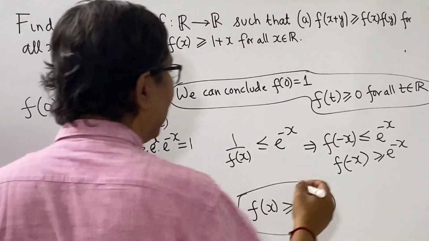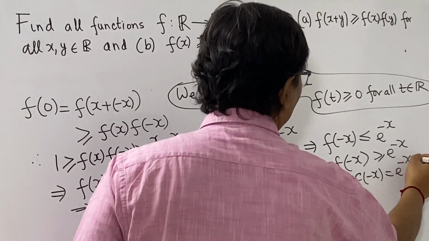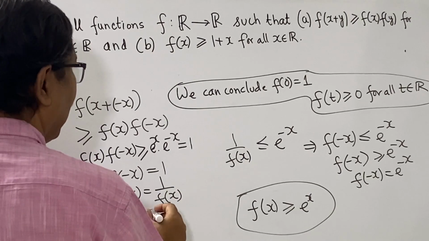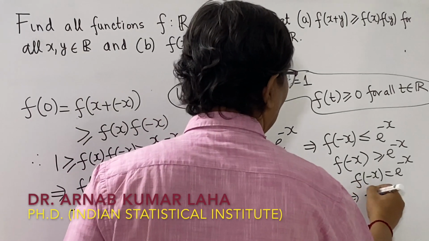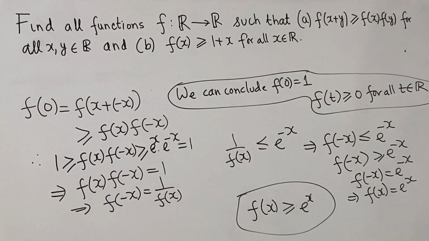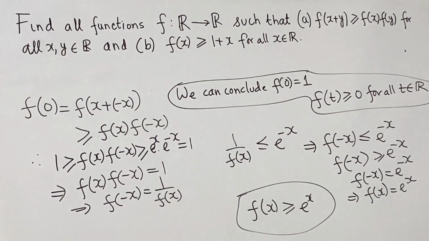So from these two we can conclude that f of minus x is e power minus x, and since f of minus x is 1 by f(x), this would give us f(x) is equal to e power x. So we have been able to determine f(x) exactly as e power x. Thus, the only function that satisfies both these conditions is the function f(x) equal to e power x.